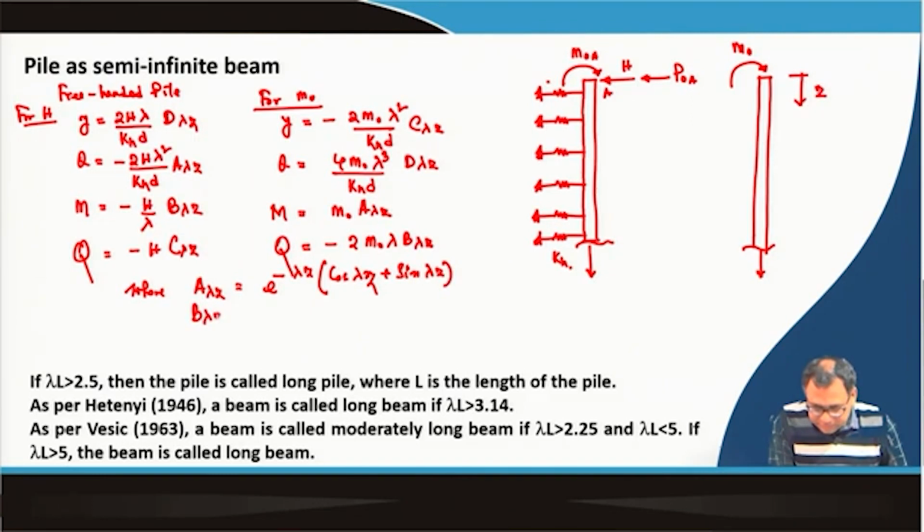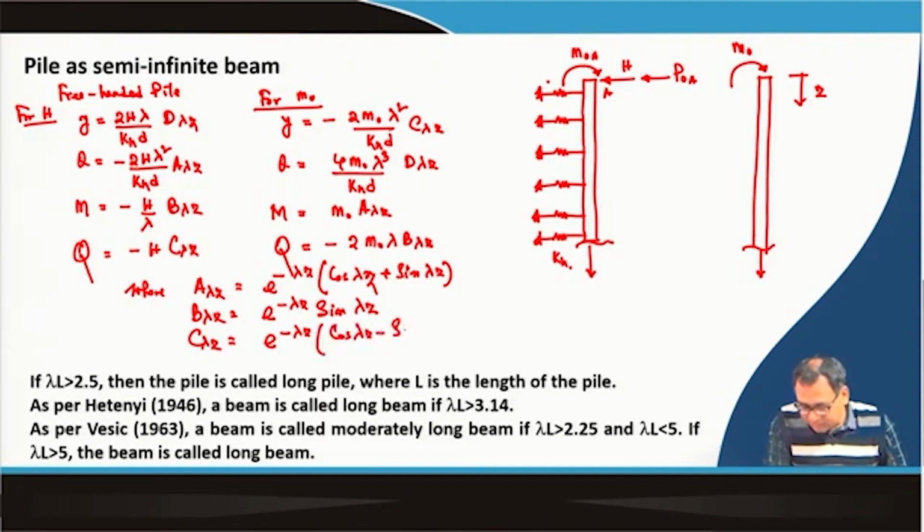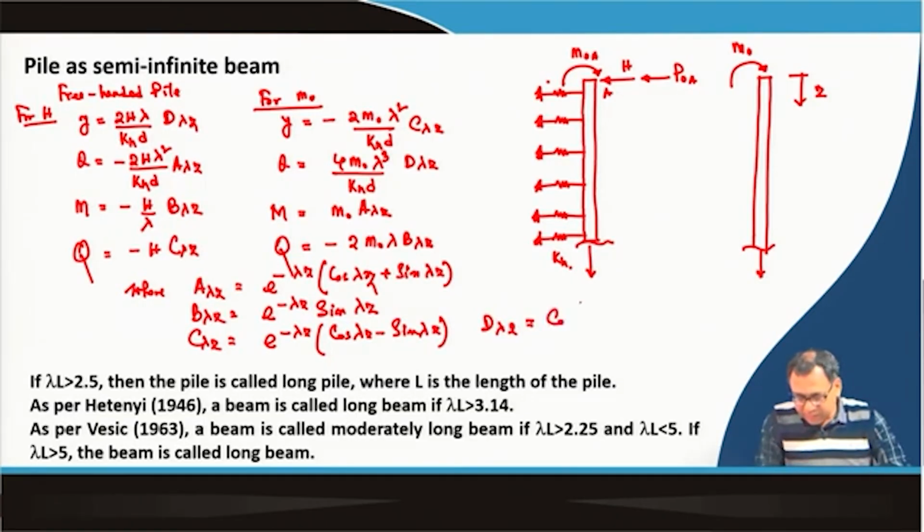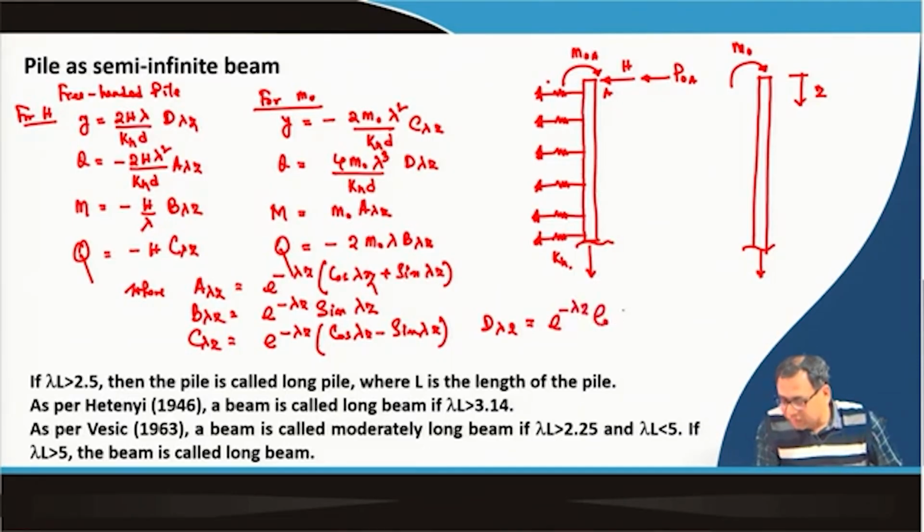Then B lambda z is e to the power minus lambda z sin lambda z, C lambda z is e to the power minus lambda z into cos lambda z minus sin lambda z, and D lambda z is equal to e to the power minus lambda z cos lambda z.